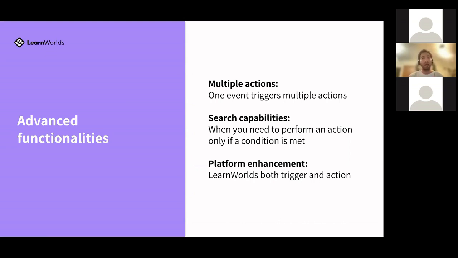So, multiple actions. Multiple actions is when you have a trigger and you have multiple actions in a linear way, right? So when a new user, then add him in a Google Sheet row, and then add for me a task in Asana because for some reason I want to contact him, or any other example you can have in mind. Search capabilities. So you want to verify that a user exists in LearnWorlds, and if they exist there, you want to do something.